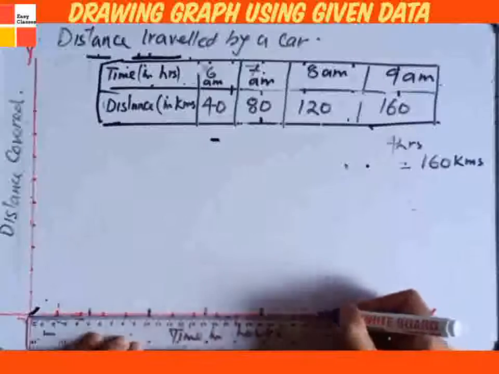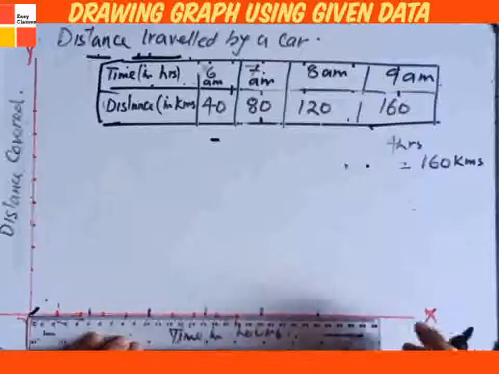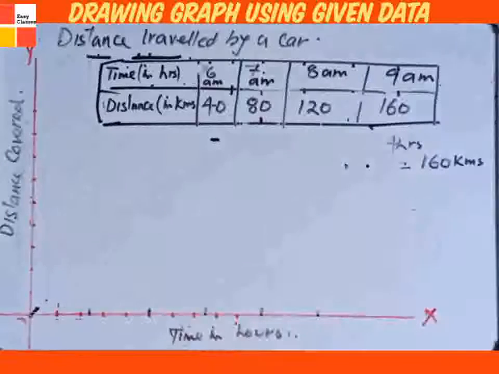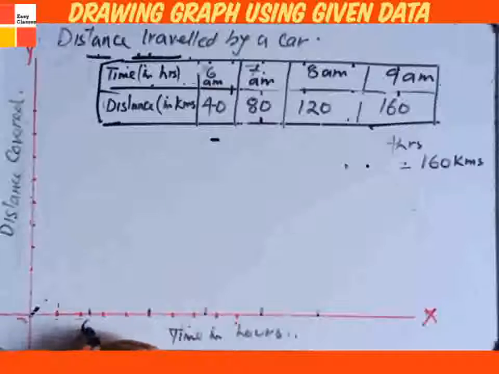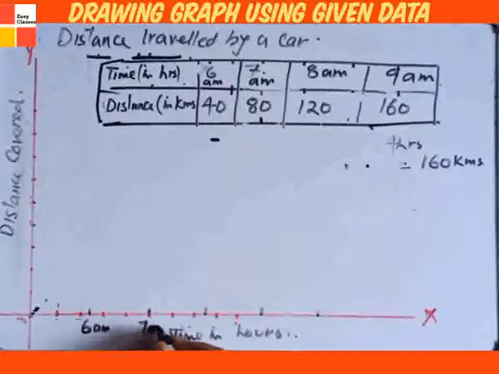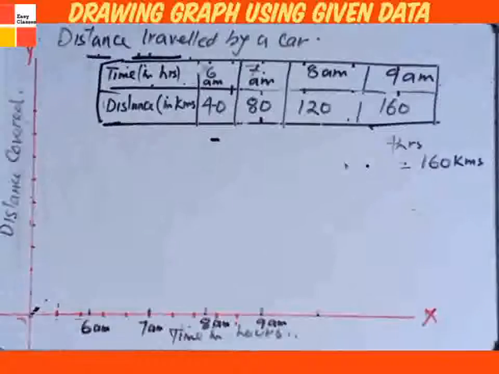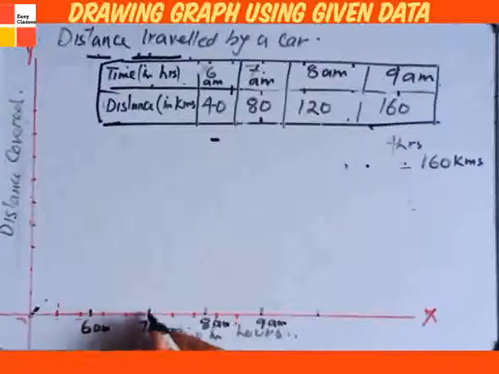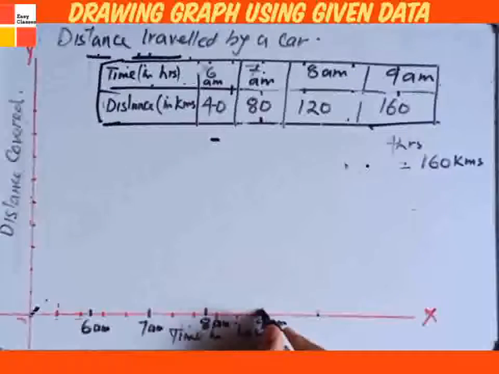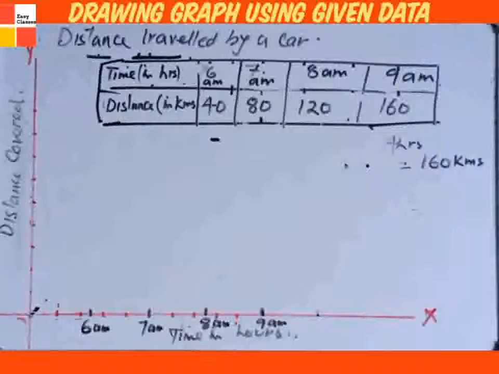Then at 25 centimeters, it will be 10 a.m. So this is 6 a.m., 7 a.m., 8 a.m., 9 a.m. What we have to do is divide this x-axis into equal parts, so each part is equal to 5 centimeters.